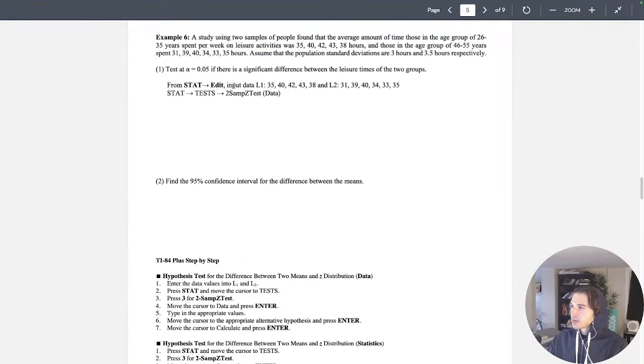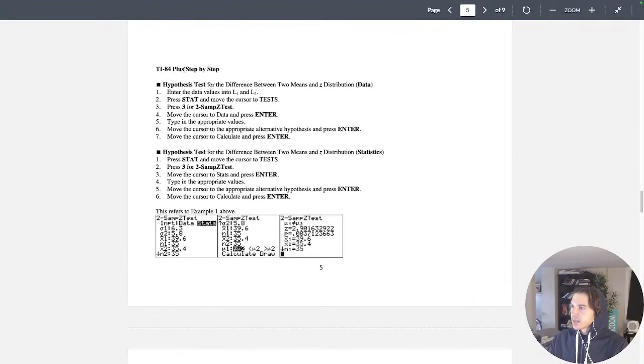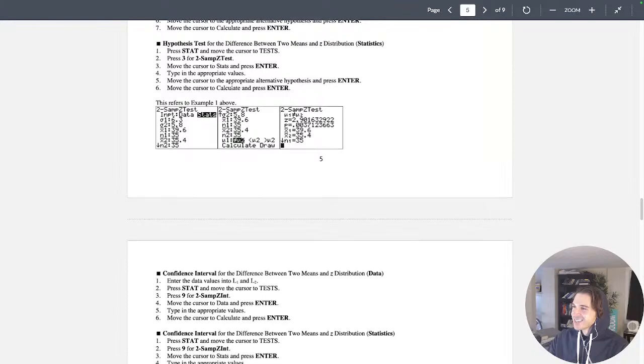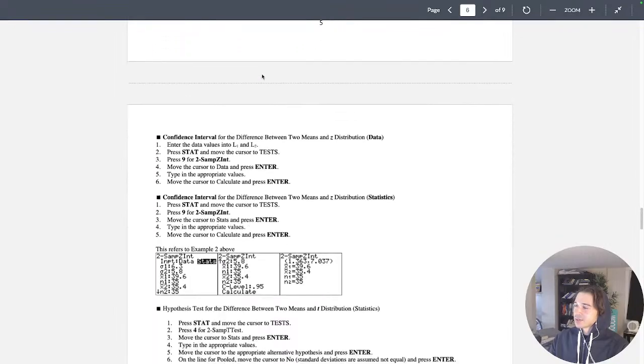And you can input data and do the calculator function with the data. Step-by-step hypothesis test for the difference between two means and z-distribution. So you enter in the data, you do two sample z-test, and you just press enter a bunch of times. Same thing here, you just go to two sample z-test, you enter in your values, and you press enter.